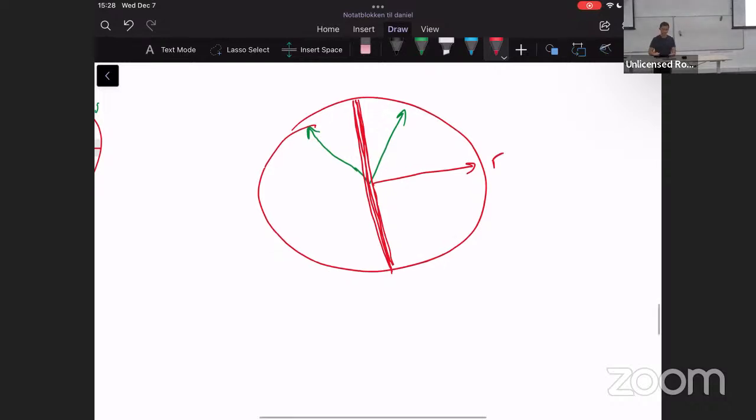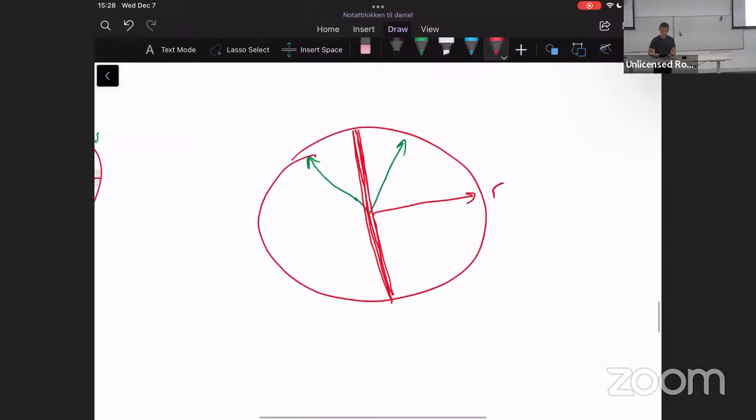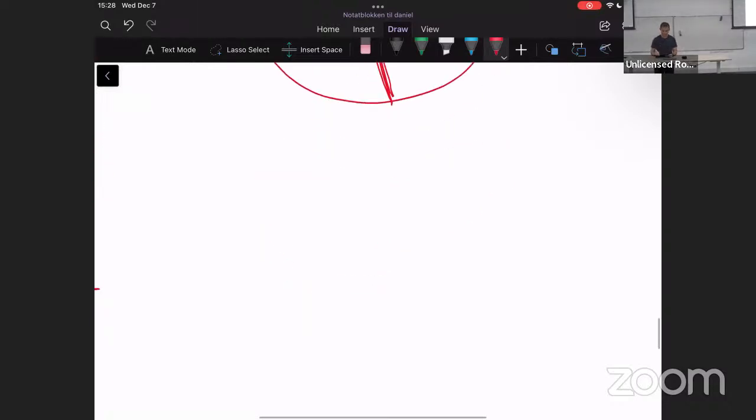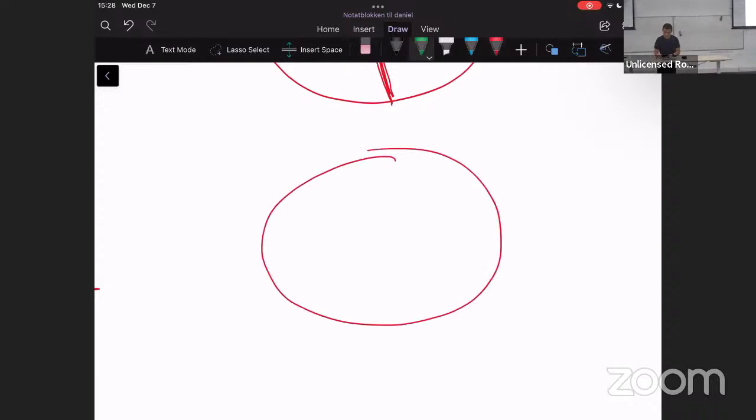And now I'm saying that, well, it's a circle, right? So everything is symmetric. So let me rotate the circle so that one green line is pointing to the right and the other one is pointing somewhere in the top half. Now my red cutting line is still uniformly distributed in the circle.